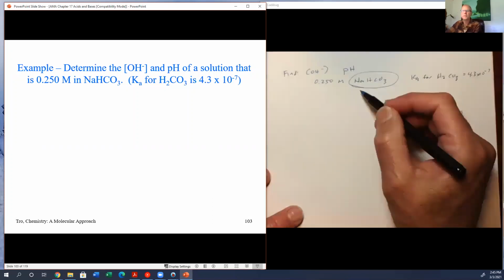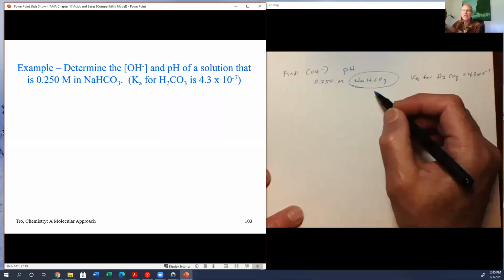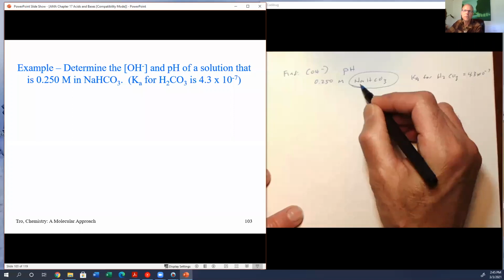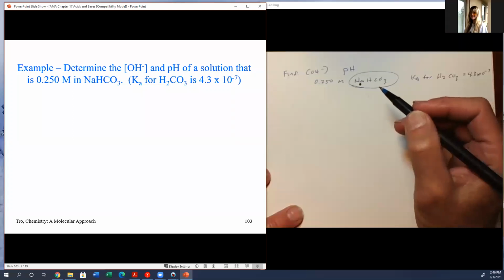And again, we have to go through this process where we look at the cation and we look at the anion. In this case, the cation is Na+. What do you know about Na+? Acidic or neutral? Neutral. Na+ is neutral.